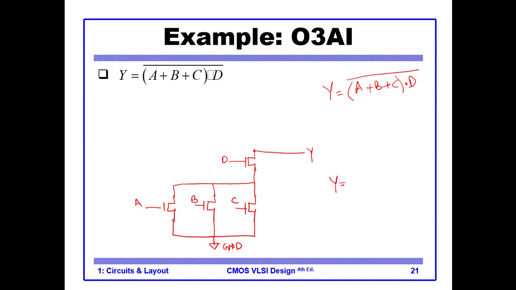What will be our pull up network? It will be ((A plus B plus C) and D) double bar.